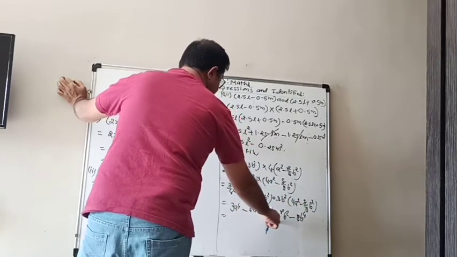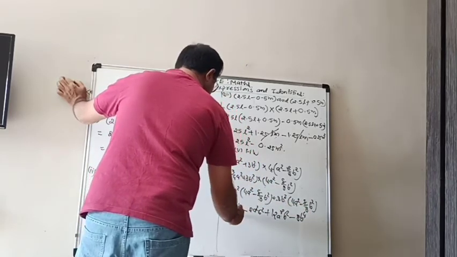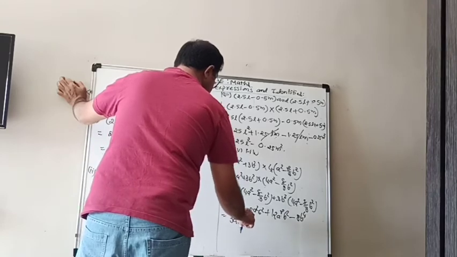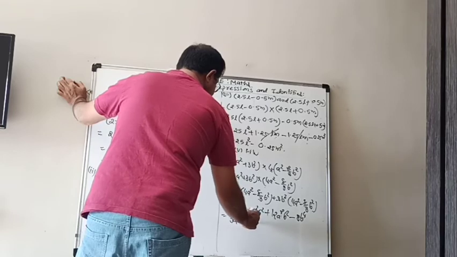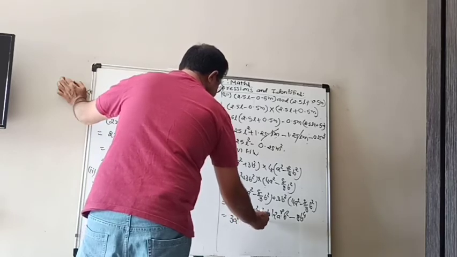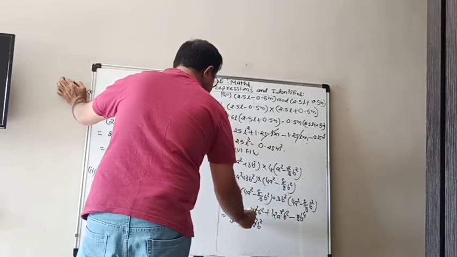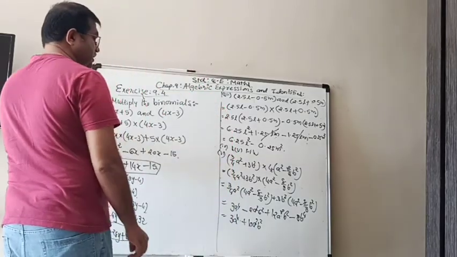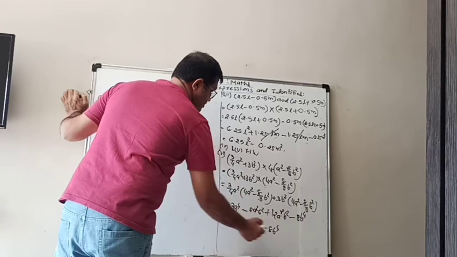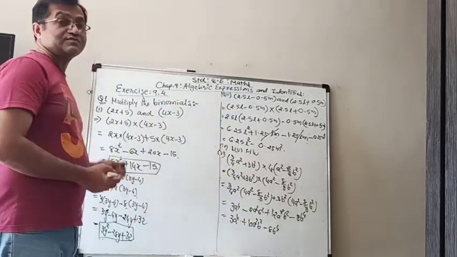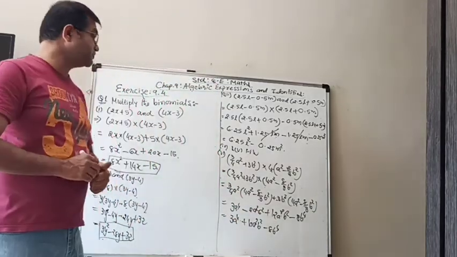Here these are the like terms, a square b square. So 3a raised to 4. Now opposite signs, so 12 minus 2 is 10, and the greater number has the plus sign. So plus 10 a square b square minus 8 b raised to 4. So that will be the answer.